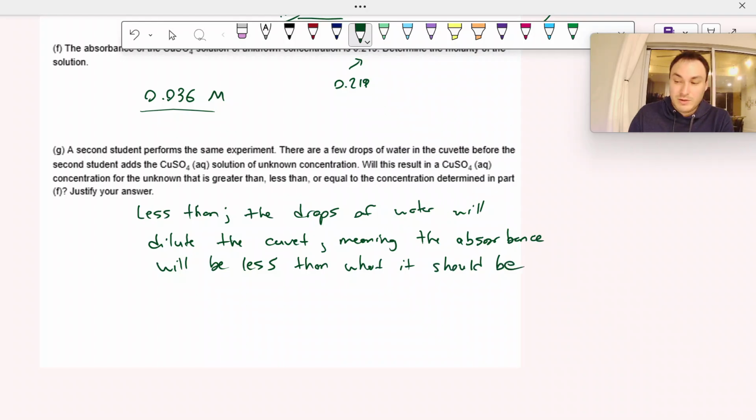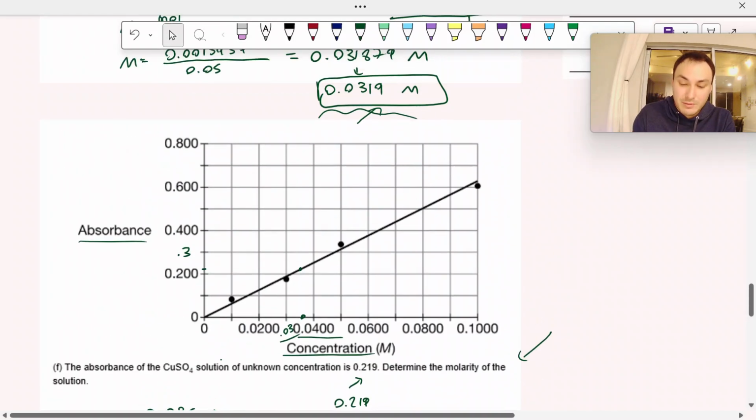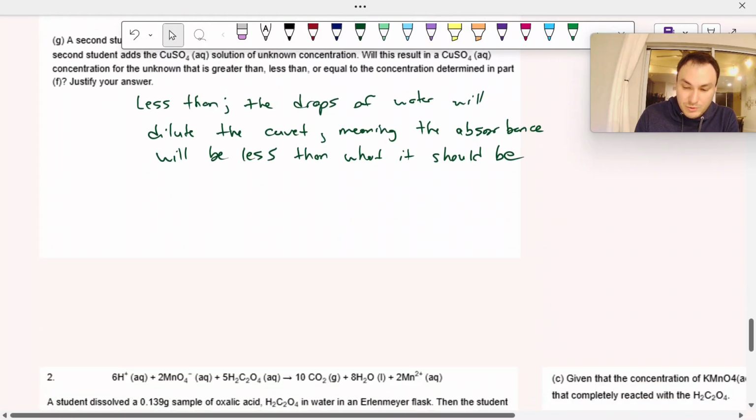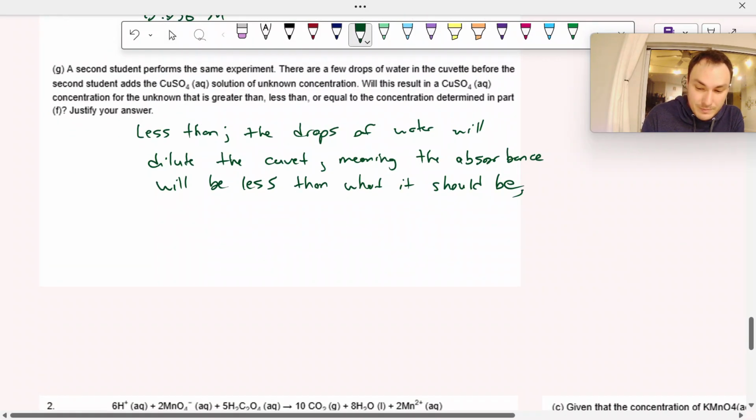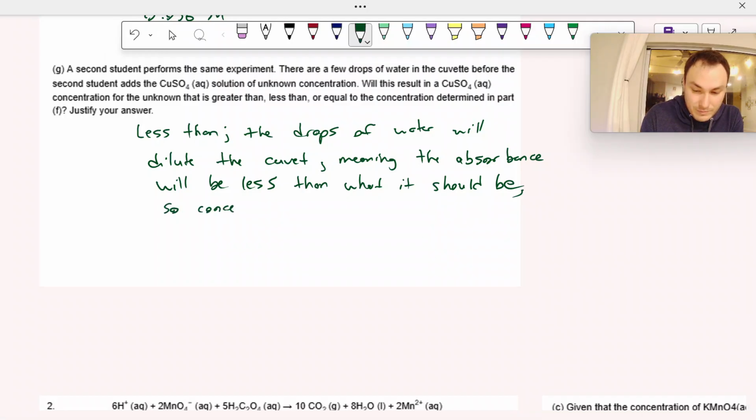And according to this graph, if absorbance goes down, then concentration goes down. So the concentration will be less than as well.